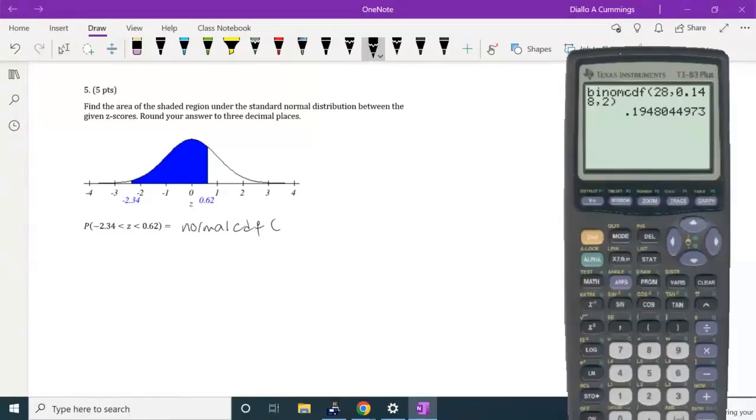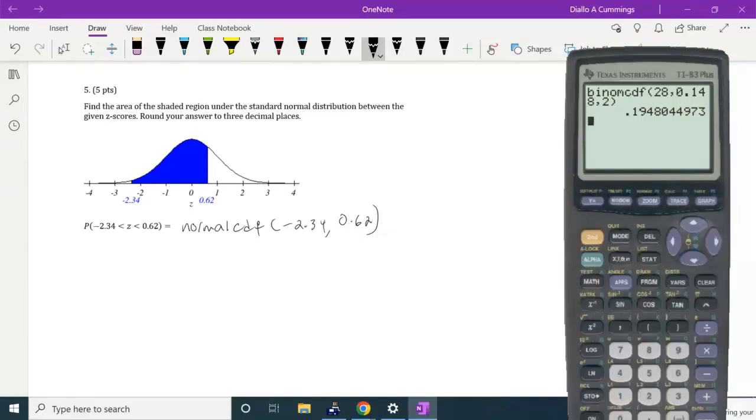I'm going to put in my lower limit, which is negative 2.34. I'm going to put in my upper limit, which is 0.62. Since this is a standard normal curve, I do not have to put in the mean and the standard deviation.